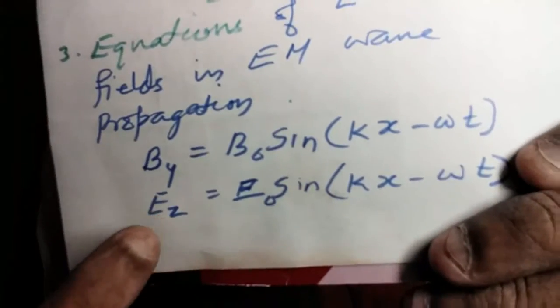Similarly, Ez. Magnetic field and electric field are oscillating in mutually perpendicular lines. If magnetic field is oscillating along the y-axis, then electric field must be oscillating perpendicular to y-axis. Here the wave is propagating along the x-axis, so electric field must be oscillating in the z-axis.